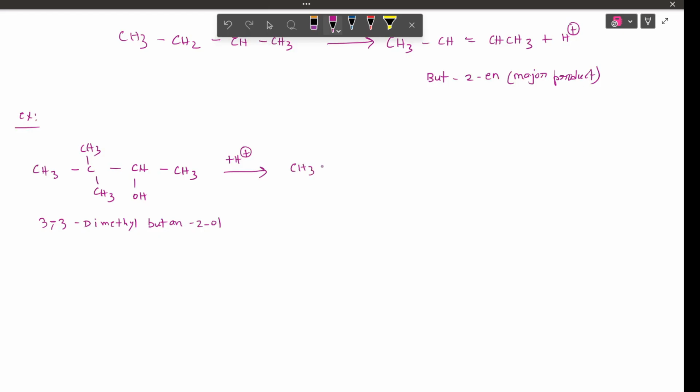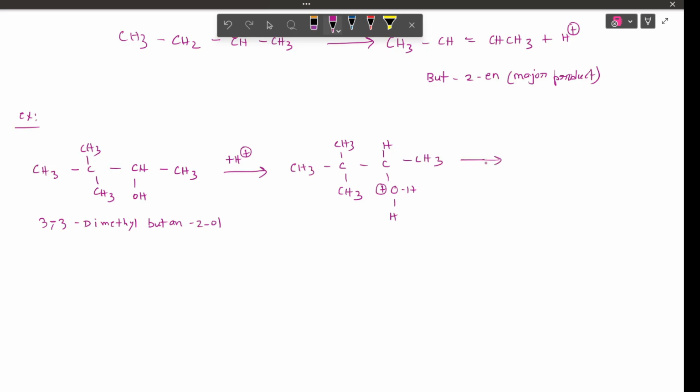It will be CH3, C, CH3, CH3, CH, with OH and H with a positive sign, CH3.